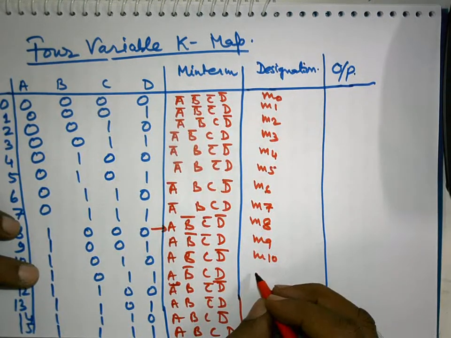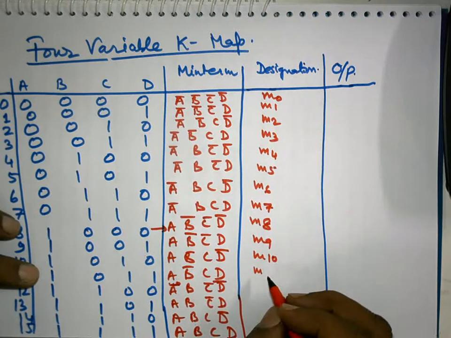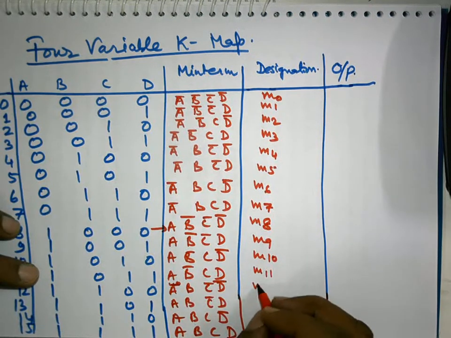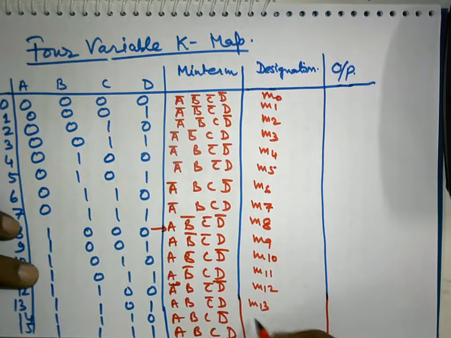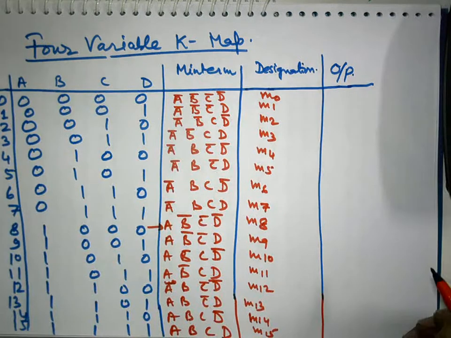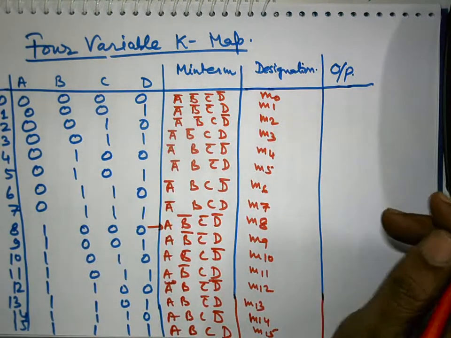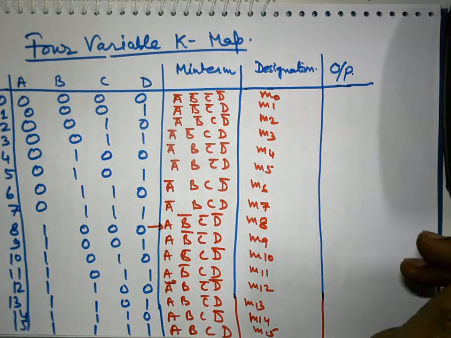These are the numbers of min terms. Okay, M10, this is M11, M12, M13, M14 and M15. Okay, output I will leave. Output we can put in anyway.